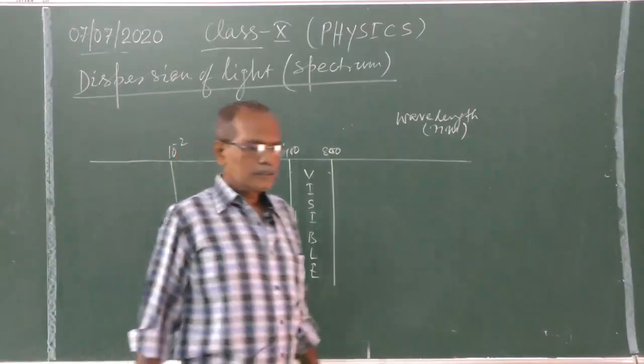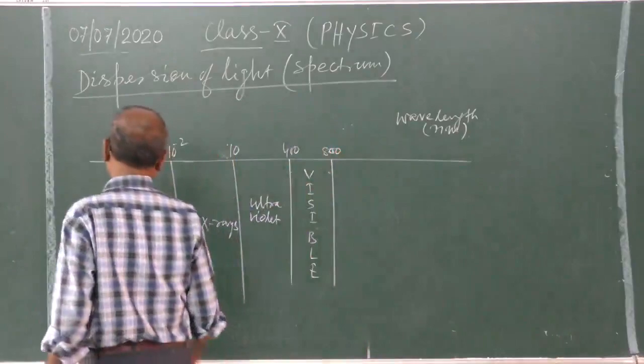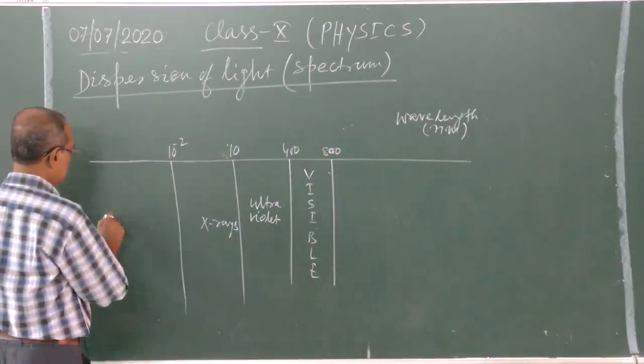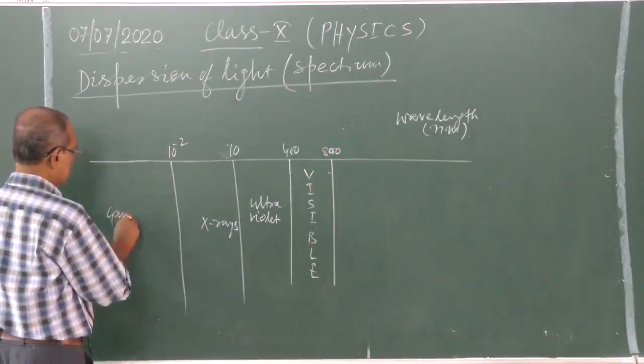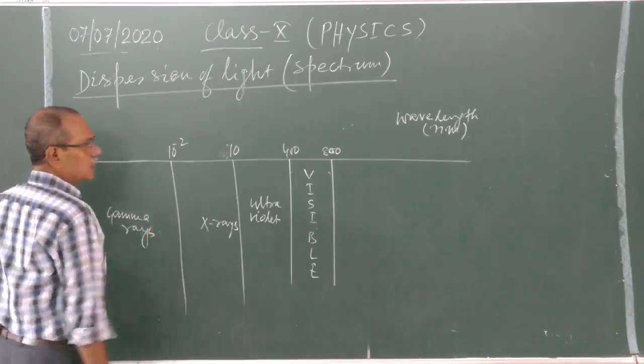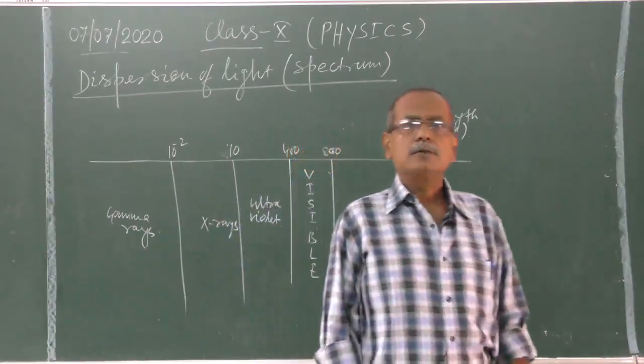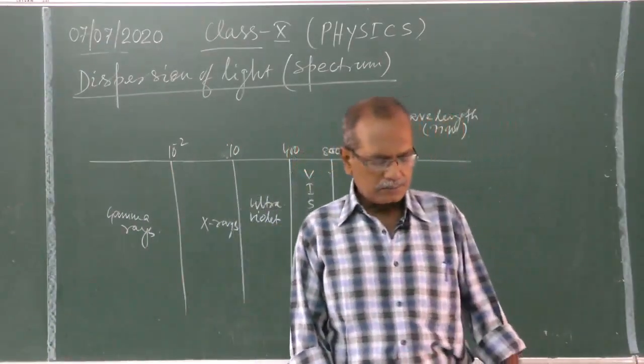Then we have gamma rays, which are below 10 to the power minus 2 nanometer.